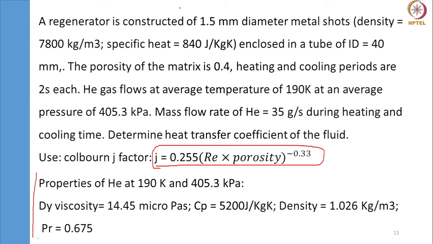To find the heat transfer coefficient from this formula, we need to find the Reynolds number. That is our first target. Reynolds number is defined as G D by mu.